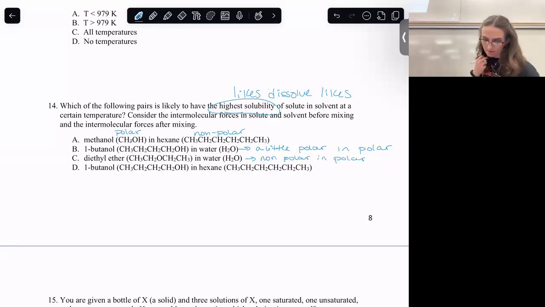And then we have 1-butanol in hexane. So what is this one? This 1-butanol we said was a little polar, in hexane, which we said was non-polar.